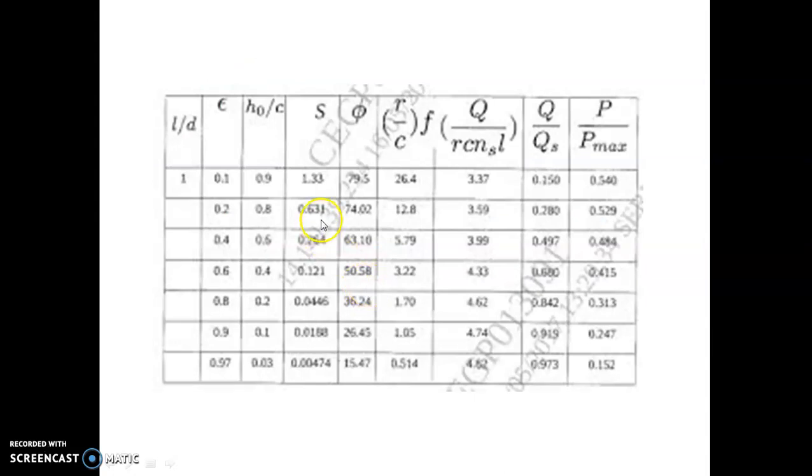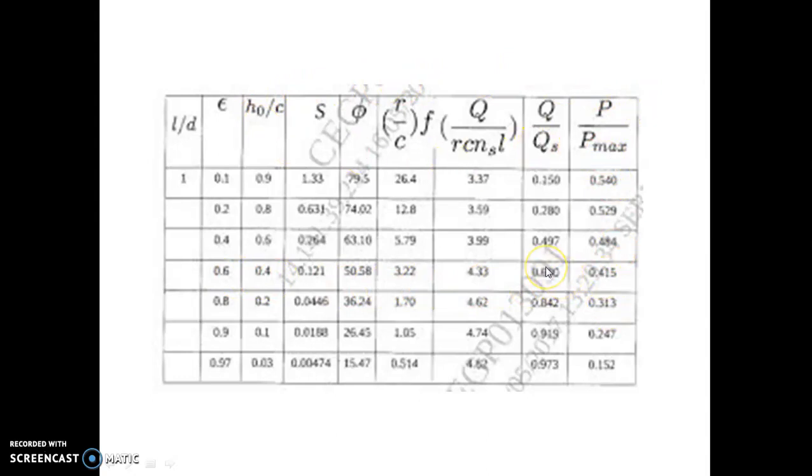Now we have the table here. Here L by D ratio 1 and Sommerfeld number S equal to 0.121. So L by D 1 and S equal to 0.121, we can select this row, and we will get the dimensionless parameters from here.